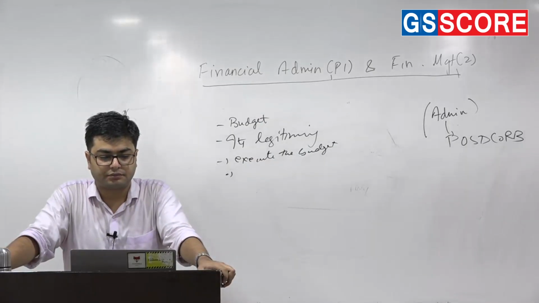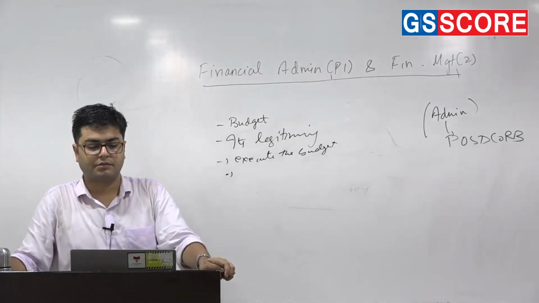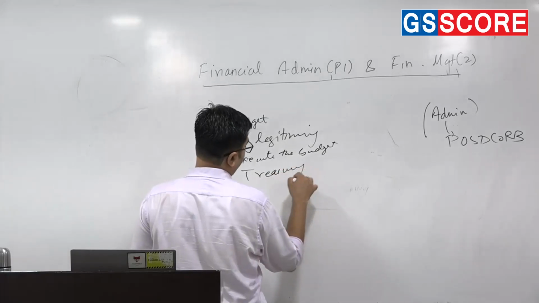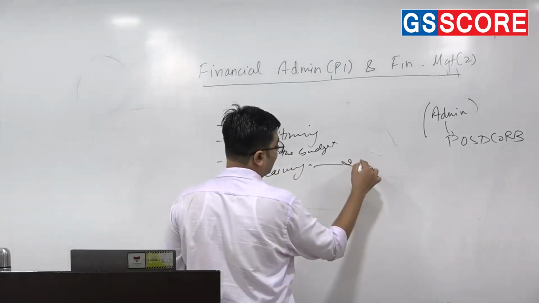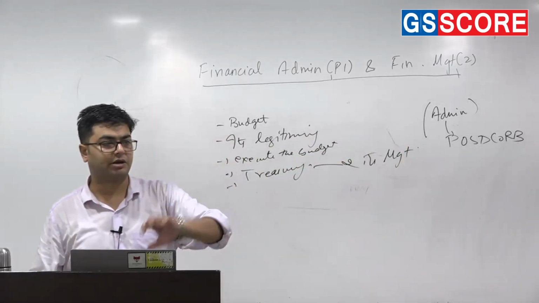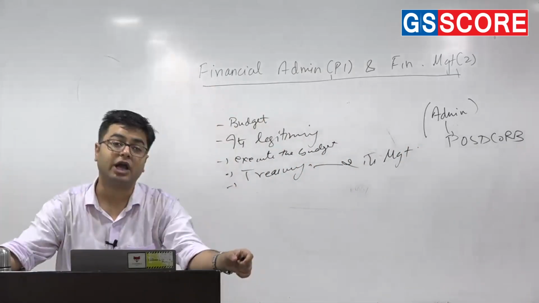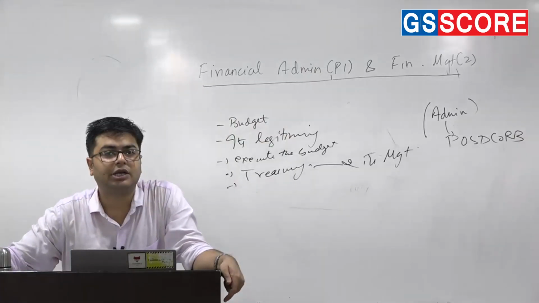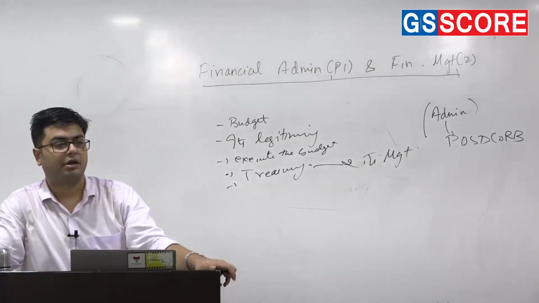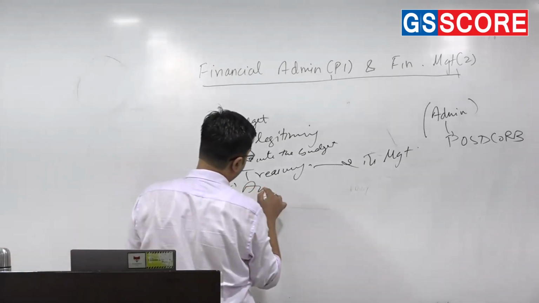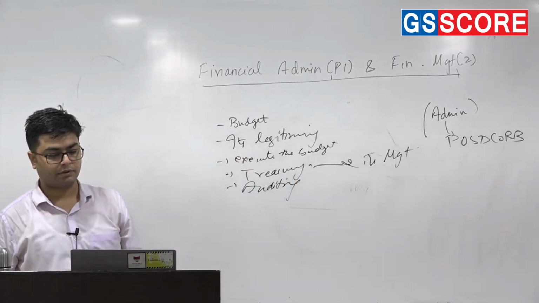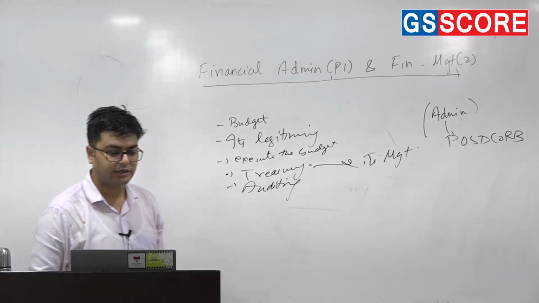Apart from this, there will be treasury and its management. How much is coming in, how much is going out. So the accounting, the borrowing has to be legal, the deposition has to be legal, etc. And the auditing. Right?